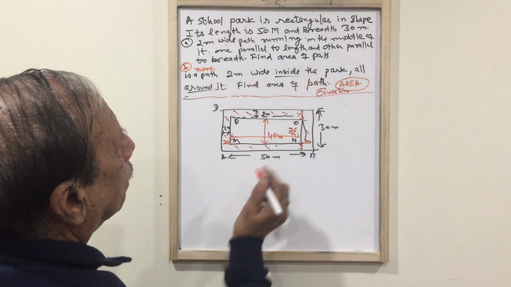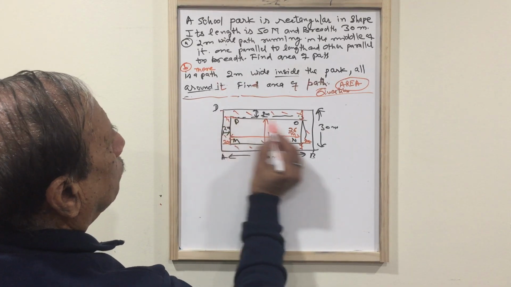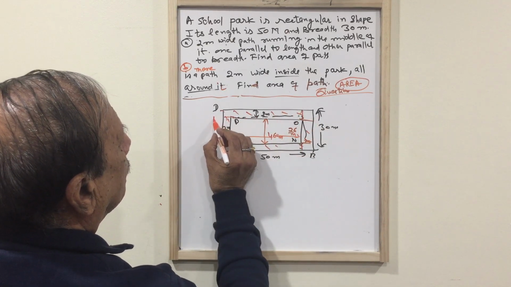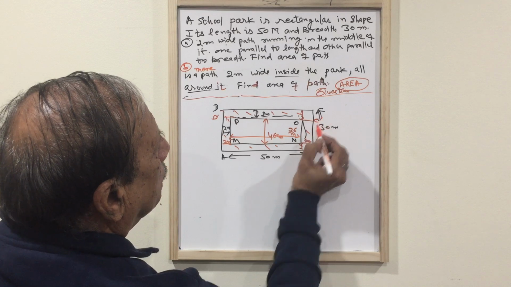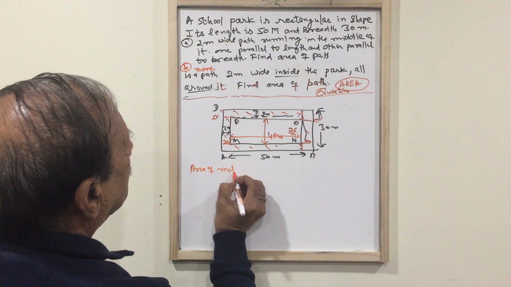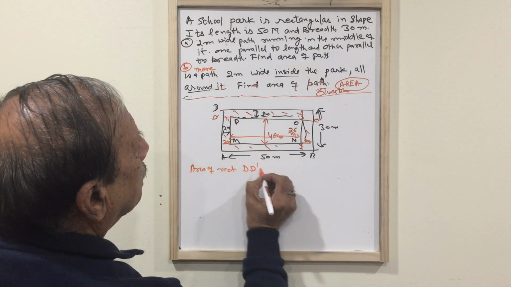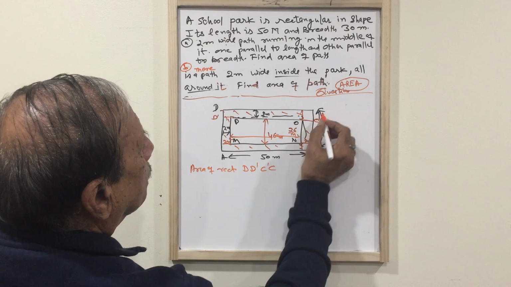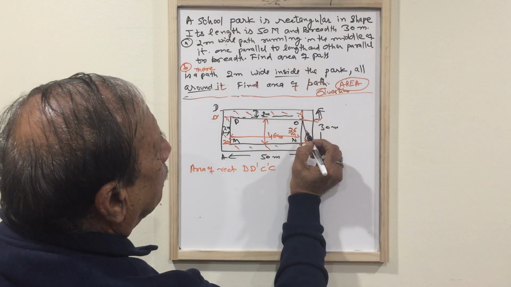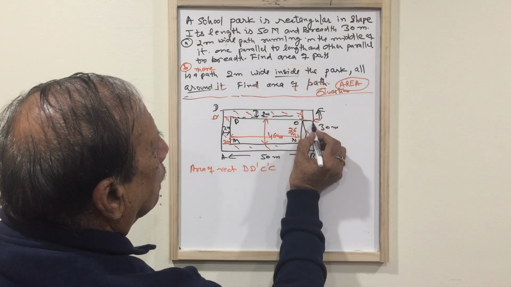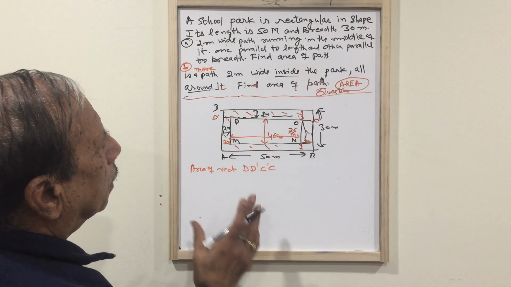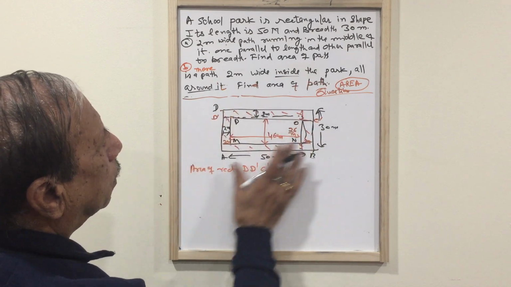Suppose we find the area of this rectangle D dash C dash C, and we find the area of this rectangle and this rectangle, and we add that area, then we can come to know the area of the total path.